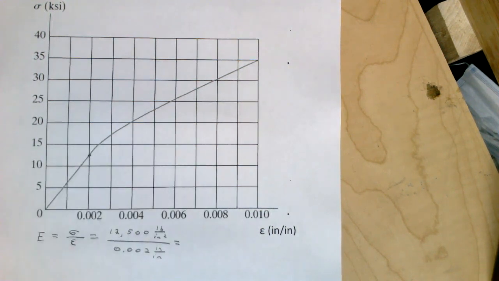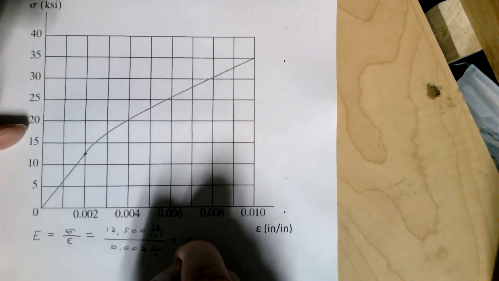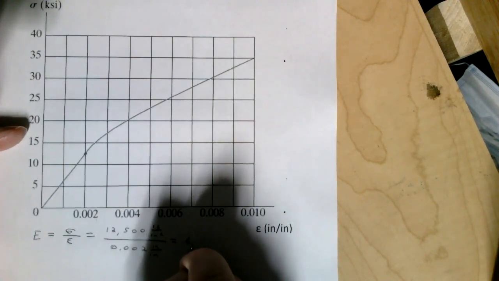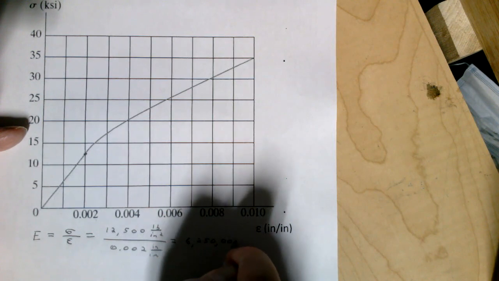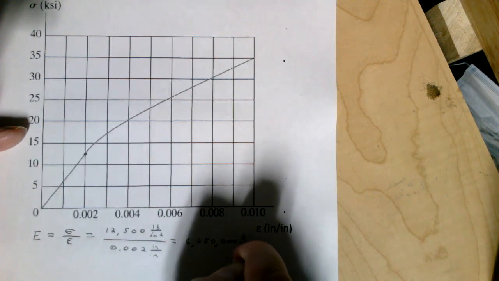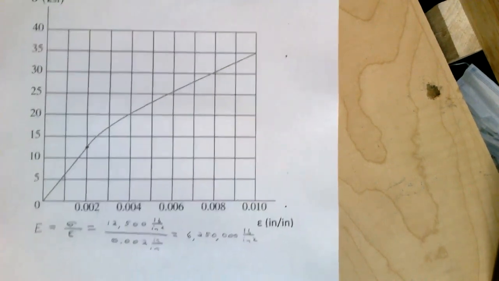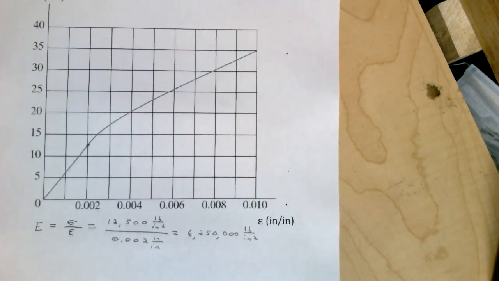And so that's going to give us $6,250,000 pounds per inch squared as our Young's modulus.